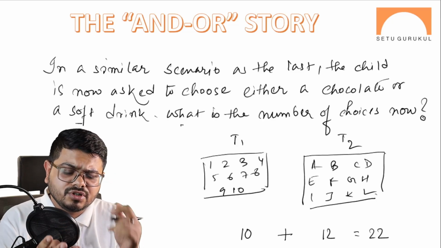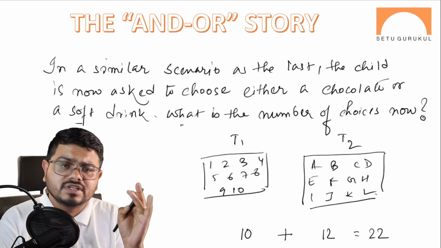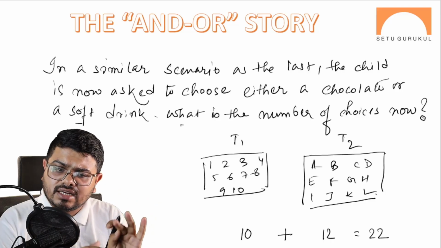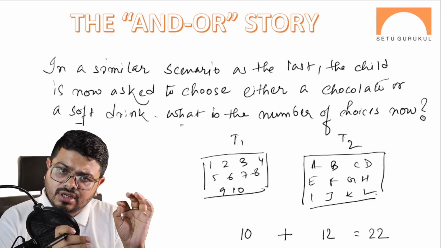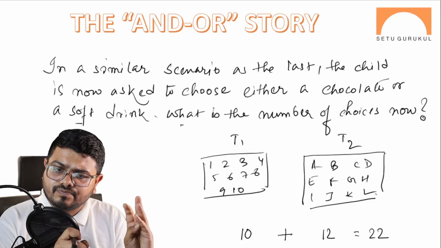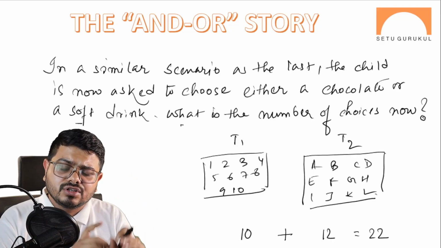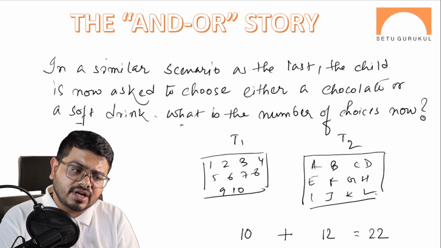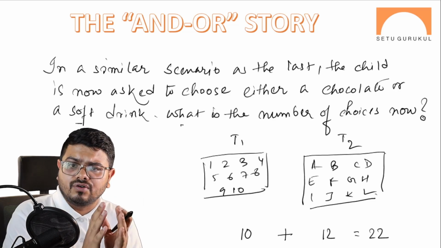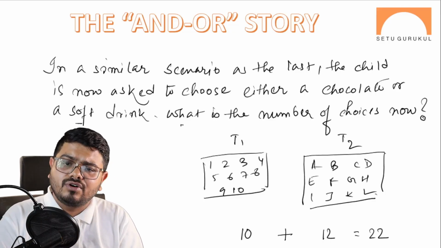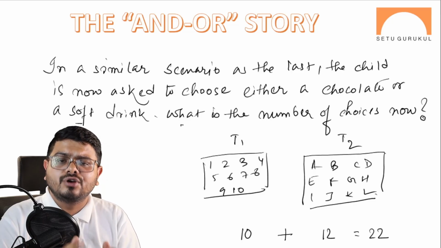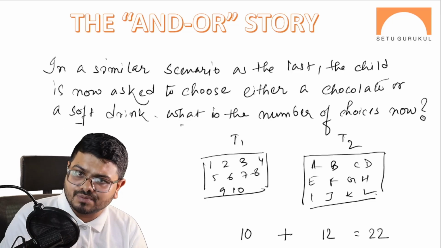What are the 22 options? 1, 2, 3, 4, 5, 6, 7, 8, 9, 10, A, B, C, D, E, F, G, H, I, J, K, L. Right? So that is what the practical application of an OR scenario and an AND scenario would look like. That forms the very basis of our required knowledge of counting principles.